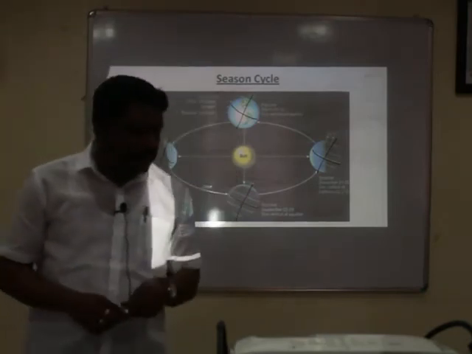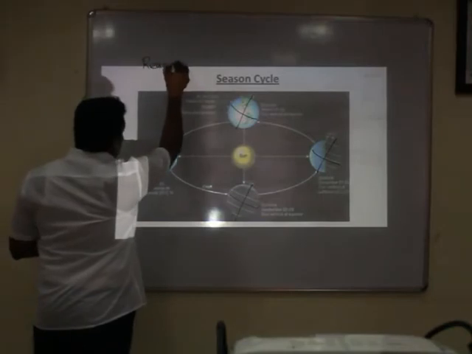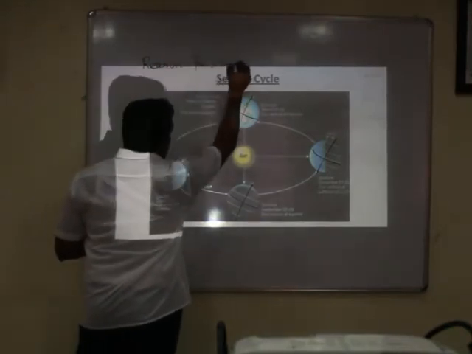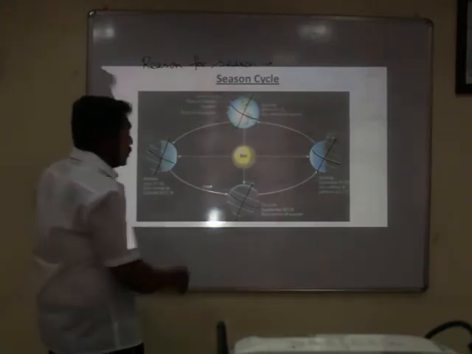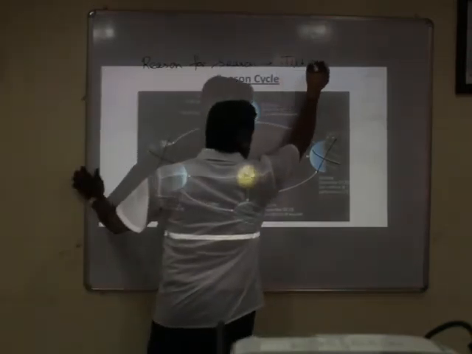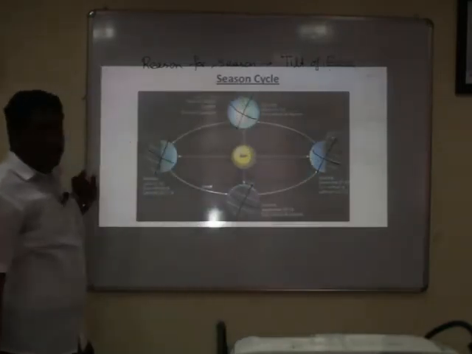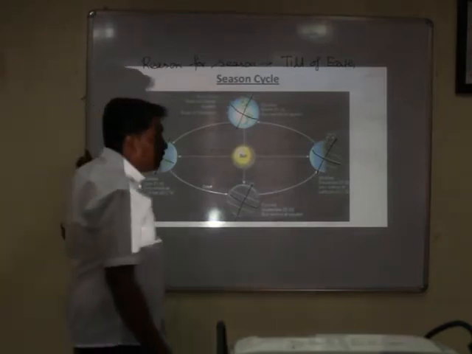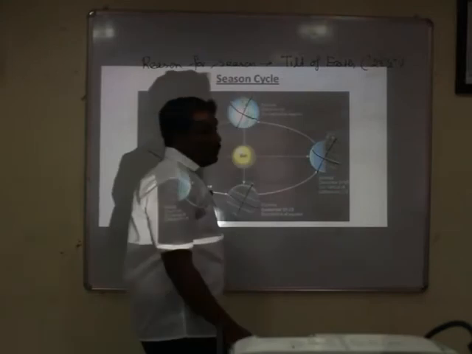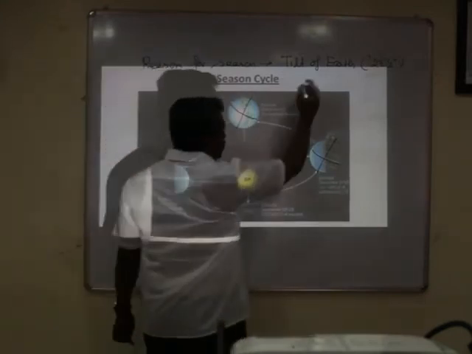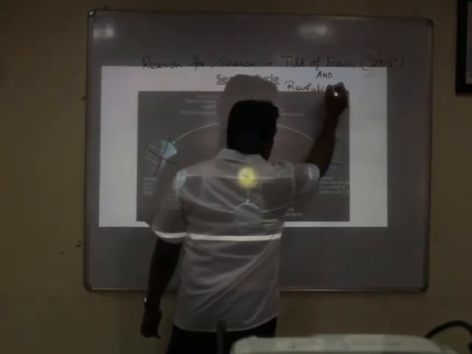Both are very important. If you ask me what exactly is the reason for season, number one, I would say it is the tilt of Earth, my friend. Within brackets you can write it: 23.5 degrees. Tilt of Earth and revolution.